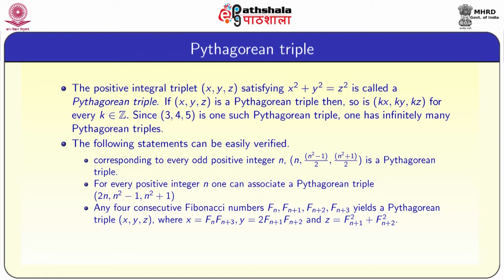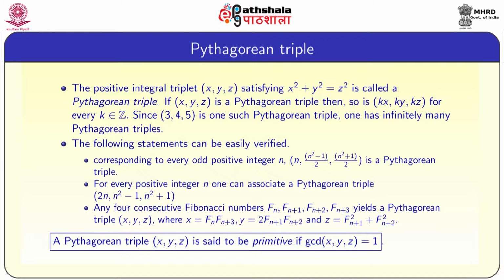So, if I take 4 consecutive Fibonacci numbers and define x as f_n times f_(n+3), y equal to 2 times f_(n+1) times f_(n+2), and z equal to f_(n+1) square plus f_(n+2) square, then that is a Pythagorean triple.